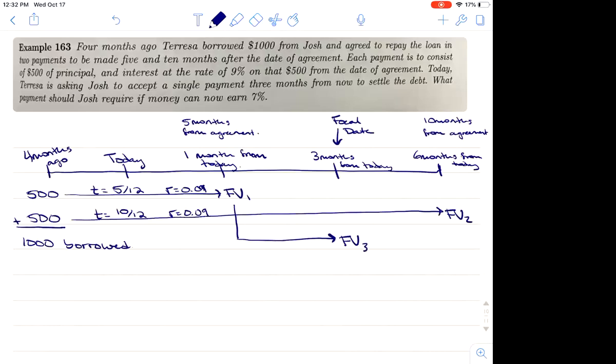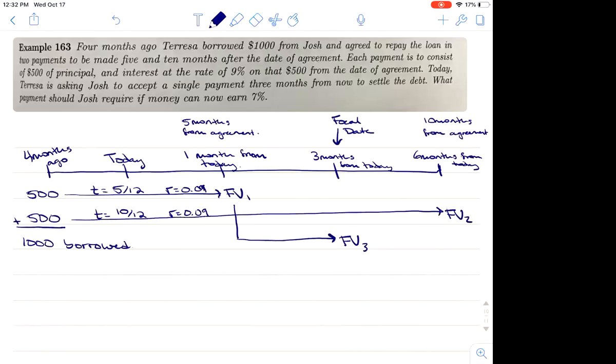This is where it's going to be important that we keep those subscripts to denote the order that we have to calculate these things in, because we can't find this future value without knowing that first future value. Same thing, so the future value 2 has to get pulled back to some principal amount 3 months from today.